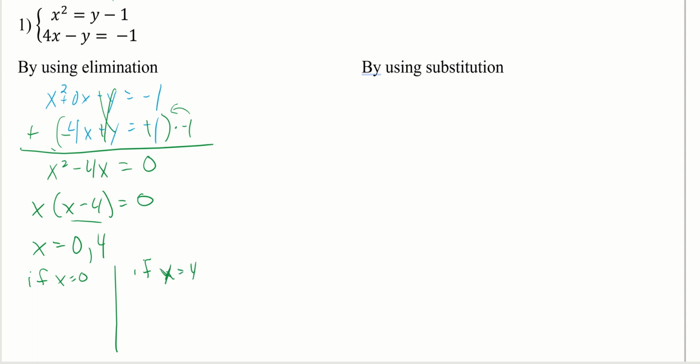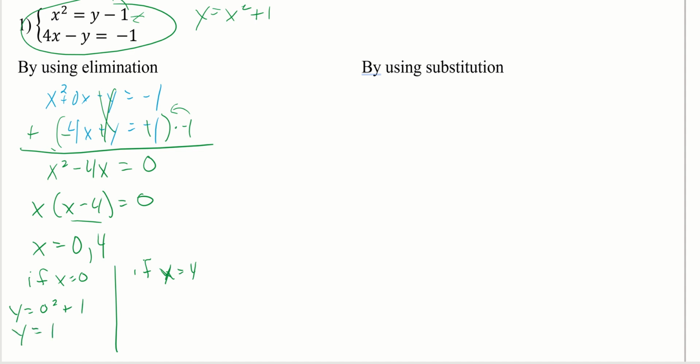Now you get to choose which equation you want to plug it into. It doesn't really matter. I might choose this top one, even though it has an x squared. It's almost solved for, right? So y is equal to x squared plus 1. So now I'm going to plug that in. If x is 0, y is equal to 0 squared plus 1, or y is equal to 1.